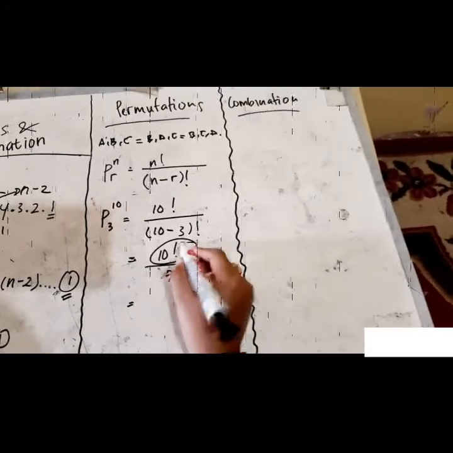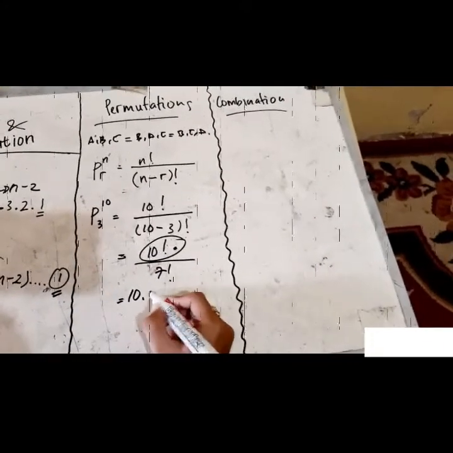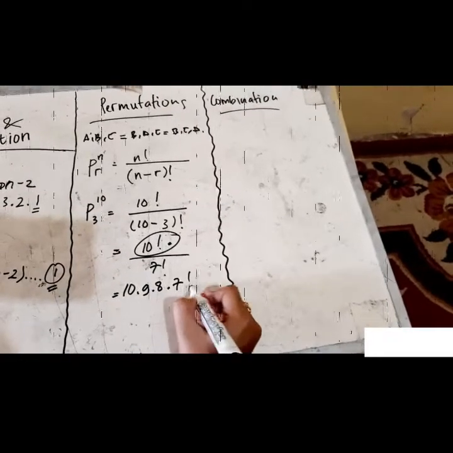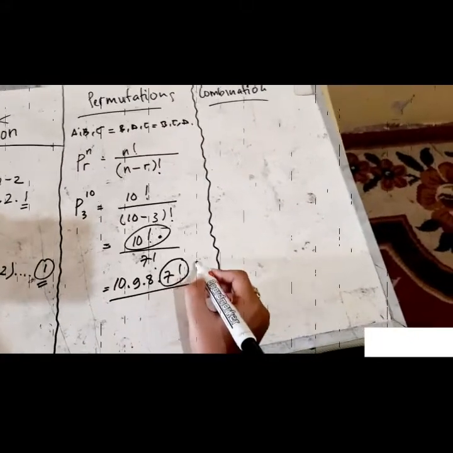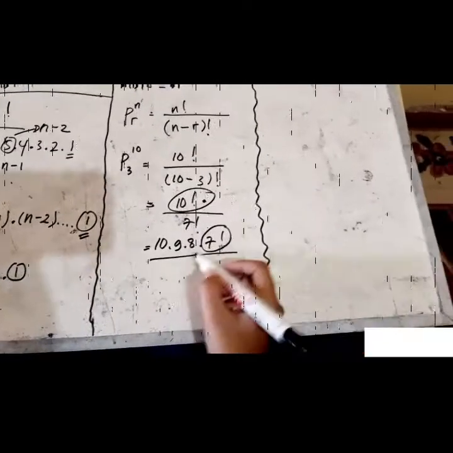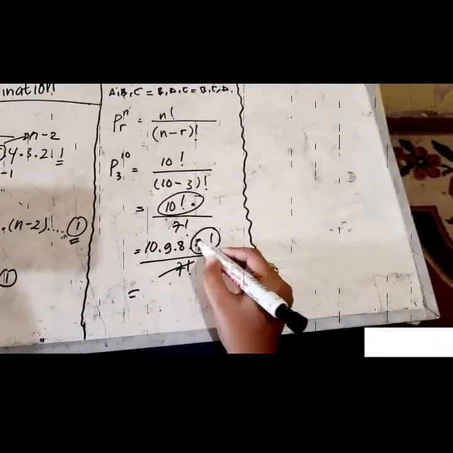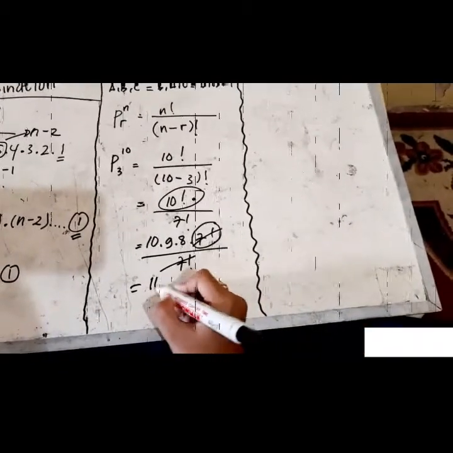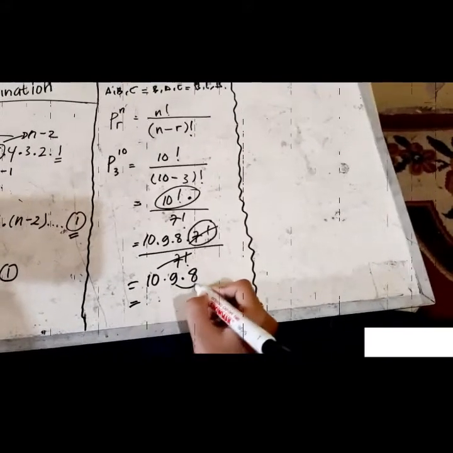The meaning of 10 factorial is 10 times 9 times 8 times 7, and so on. Why do we stop at 7 factorial? Because the denominator is 7 factorial and we can cancel it. Then 10 times 9 times 8 equals 720.